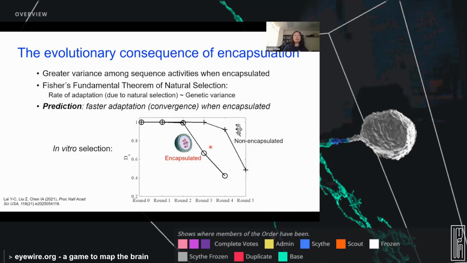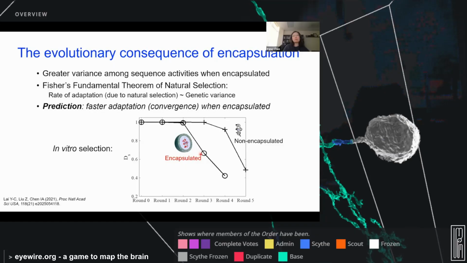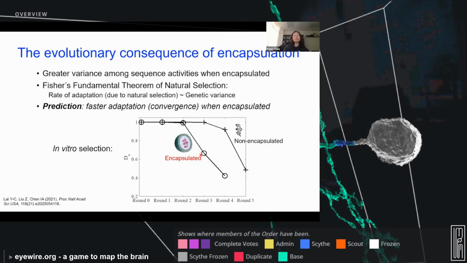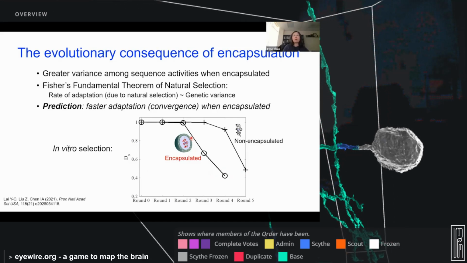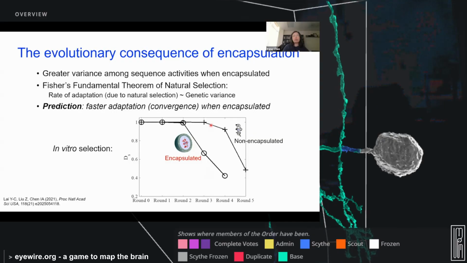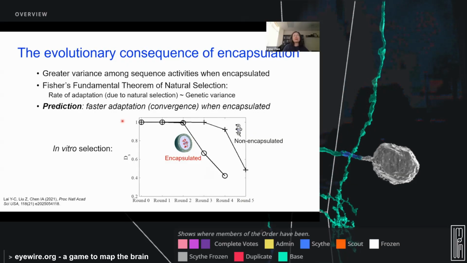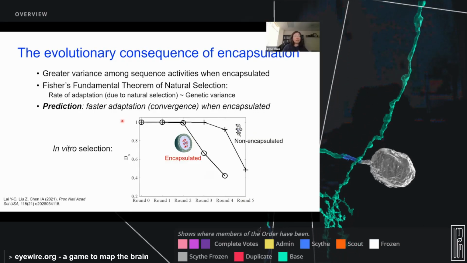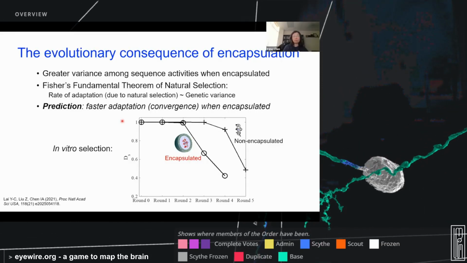And then looking at the encapsulated version of the same selection, we see that convergence happens a couple of rounds earlier. And it's a short selection, just 5 rounds. So saving 2 rounds, I guess, is a pretty substantial change in the rate of adaptation.